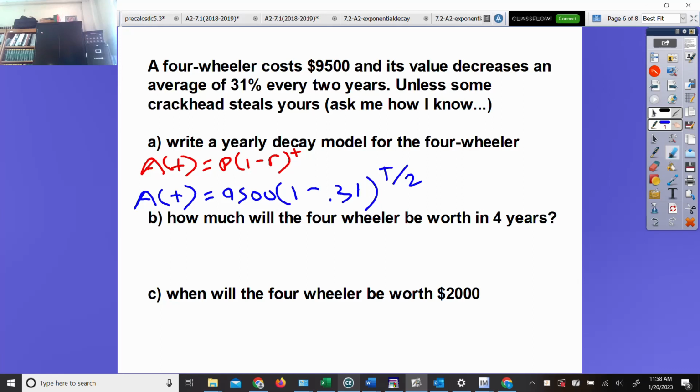Now, one other thing I want you to pay attention to is this says yearly decay. That's actually not a yearly decay. It can be treated as such, but it really kind of isn't. To make it a true yearly model, how much T do we have out there? 1. You wouldn't have T over 2, you wouldn't have half time.